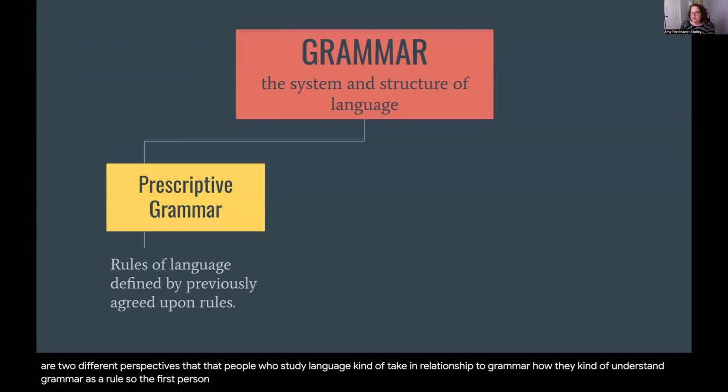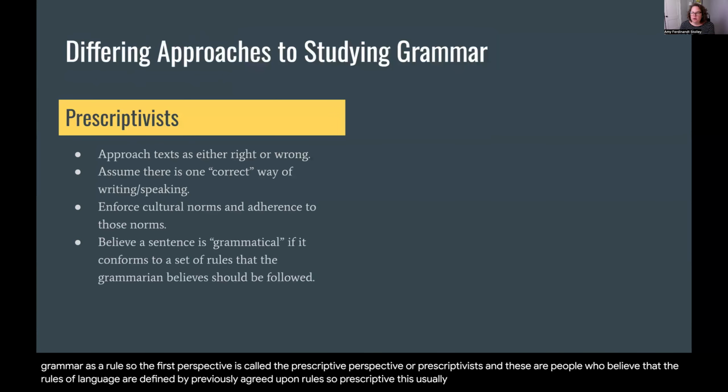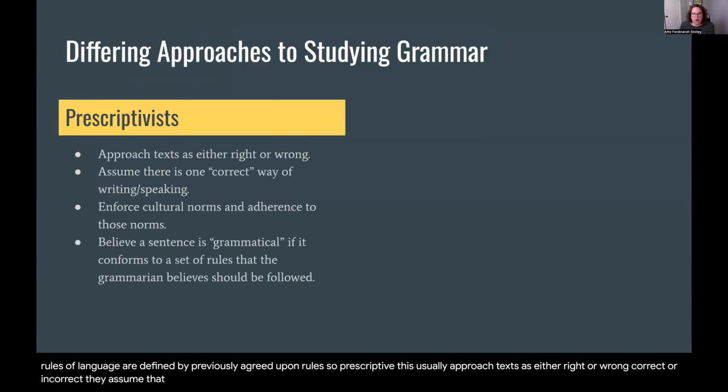The first perspective is called the prescriptive perspective, or prescriptivists. These are people who believe that the rules of language are defined by previously agreed upon rules. Prescriptivists usually approach texts as either right or wrong, correct or incorrect. They assume that there is one correct way of writing and speaking. They tend to enforce cultural norms and adherence to those norms because of the rules.